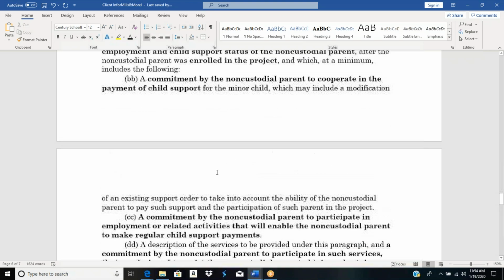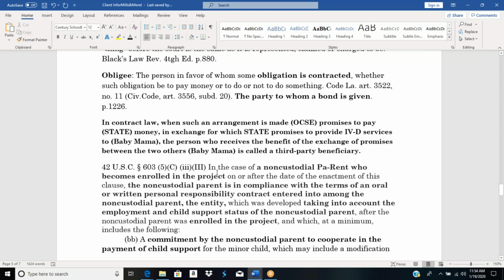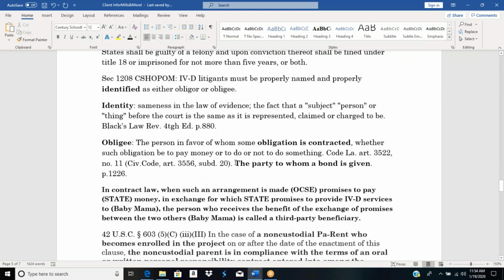Okay. Why is this? Because we're going to go back up here to the obligee, the party to whom a bond is given. All right? The obligee is the party to whom the bond is given. They did not give baby mama a bond. What happened was when the contractors, the 4D contractors, they have to meet a quota, see?